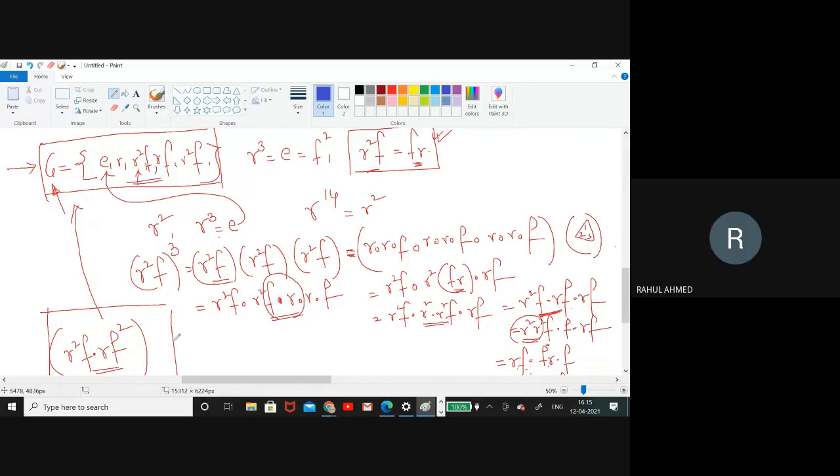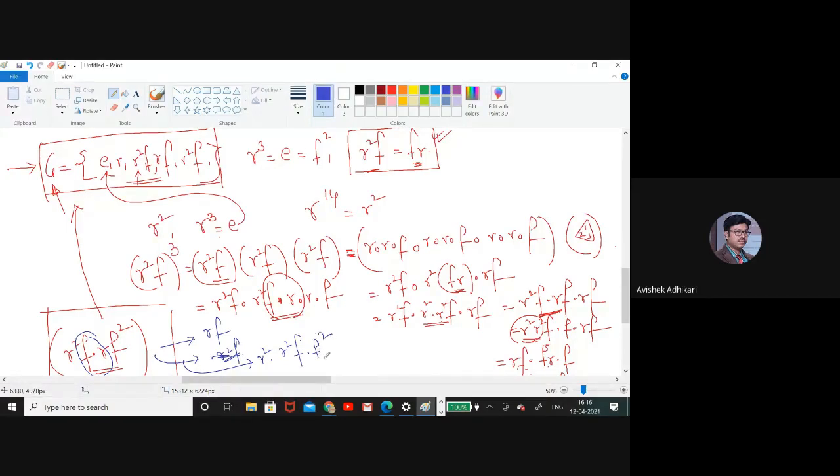Sir, RF. Okay, somebody says R. Is it clear to all of you? Is it RF, correct? Let us try. So R square F, so this is FR, right? So you can replace this FR by R square F. So initially I had R square, then FR means R square F. And then again we have F square.